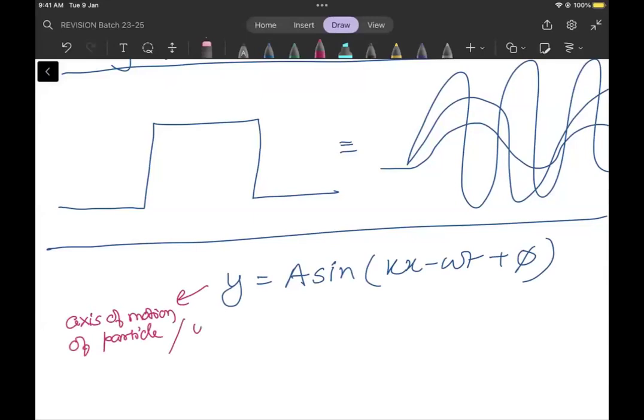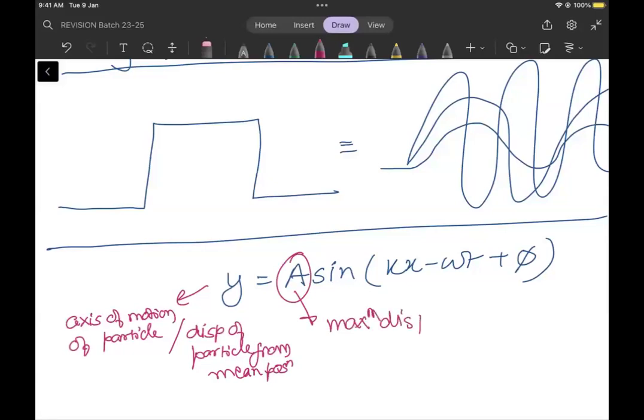And it also the displacement of the particle from its mean position. So this is displacement of particle from mean position. This is of course the maximum displacement of the particle from the mean position.